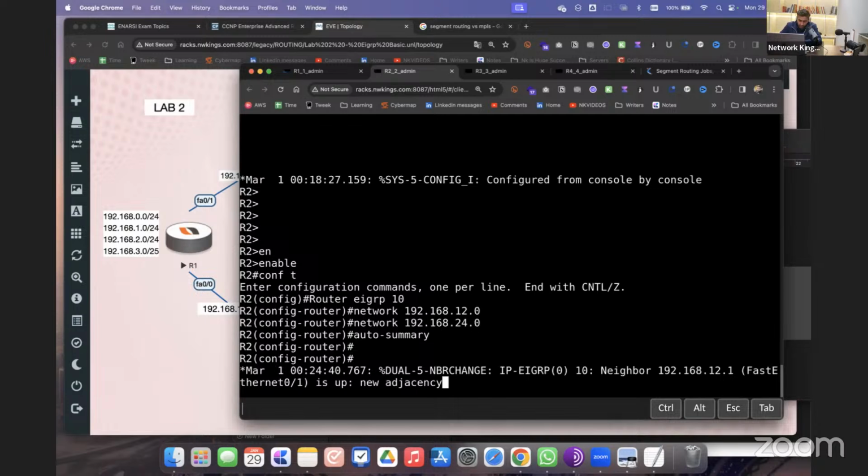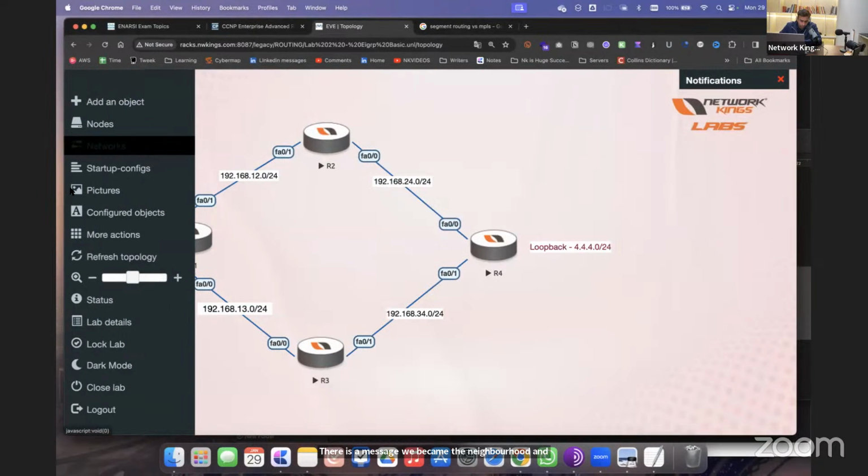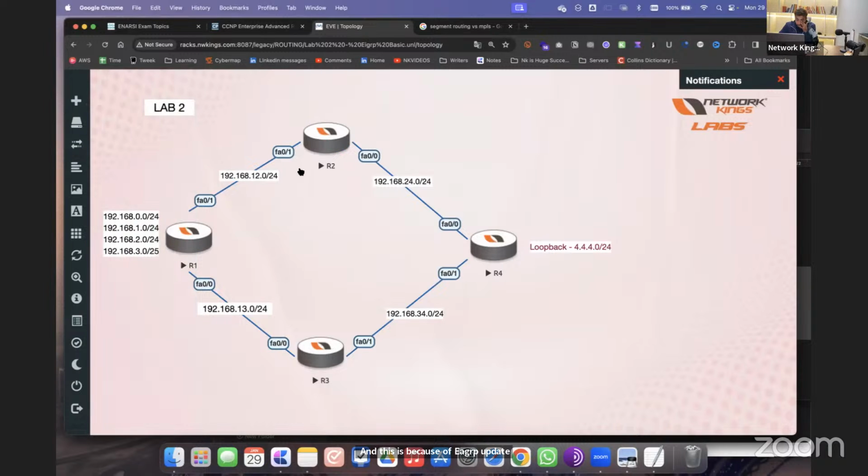Now we have done EIGRP, and you can see the new neighborship came up automatically. There is a message that we became neighbors, and within just a fraction of a second, router 1 shares all networks with router 2, and router 2 shares all networks with router 1. This is because of the EIGRP update packet. So how are they sharing all these networks with each other?